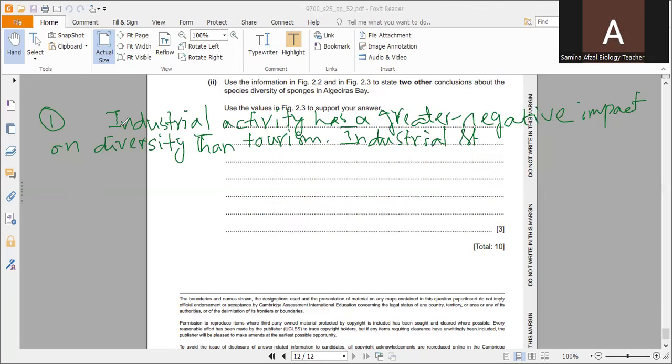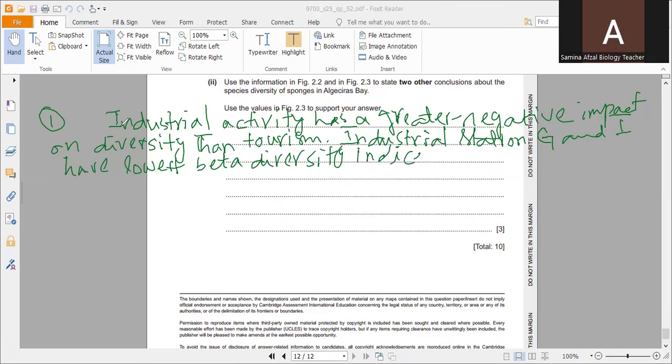Industrial stations G and I have the lowest beta diversity index in the study at 0.71 and 0.81 respectively.